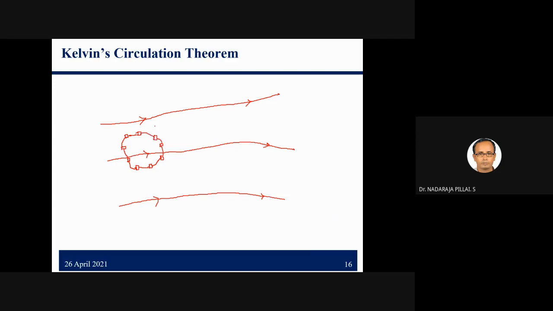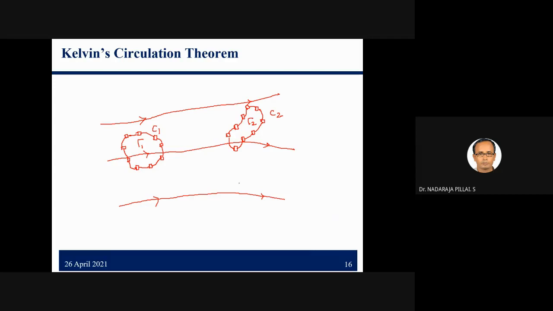Let me say the curve C1 having a circulation gamma 1. Now there is another curve, say the curve C2 having gamma 2.